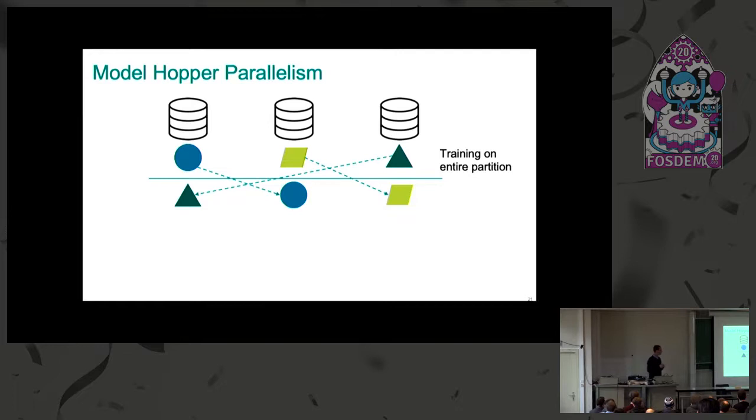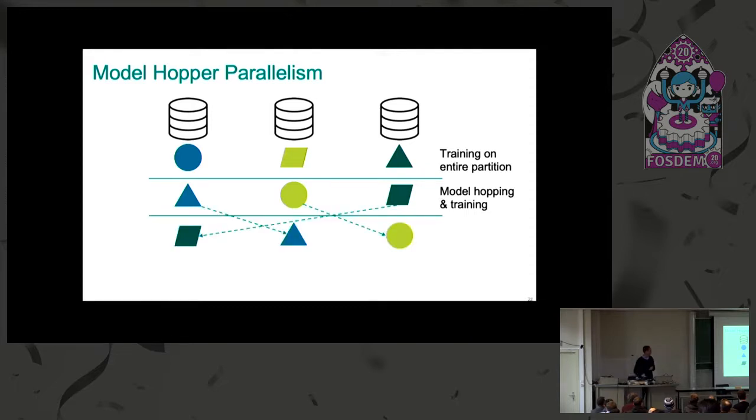So we've moved the model state from the blue one, from the left side of the screen here to the center of the screen. And the data is locked in place because it's too expensive to move. You're just moving the model state. You're moving the model weights. Then you do another iteration of training. So you train the model on the data on the new partition, and then you do the same thing again.